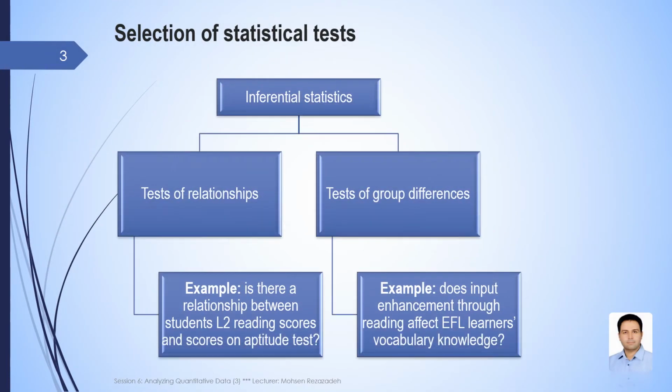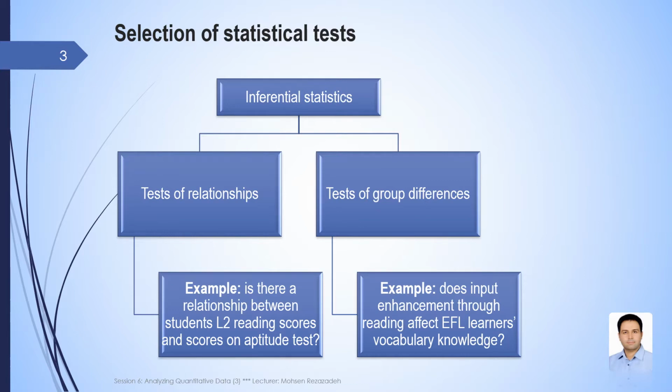If you remember, in the previous sessions, we said that we have two major types of statistics, namely descriptive statistics and inferential statistics. The selection of statistical tests depends on understanding the distinction between tests of relationships and tests of group differences.